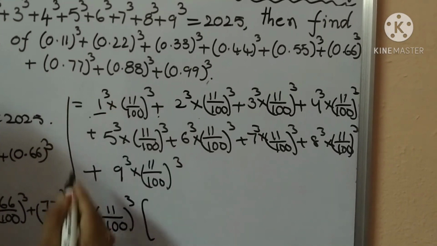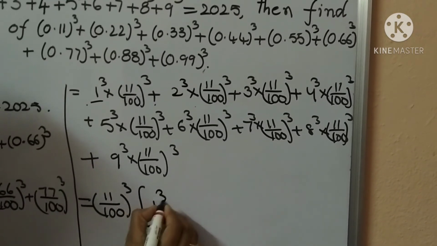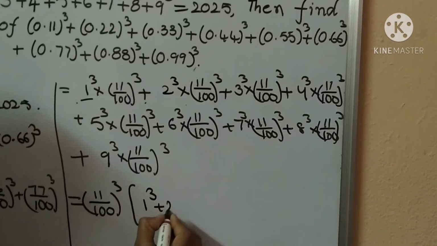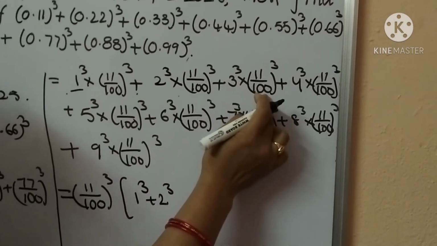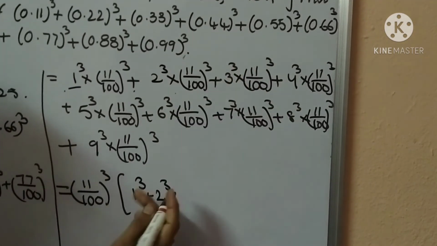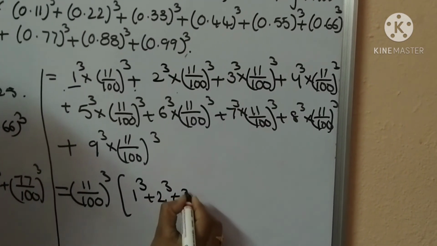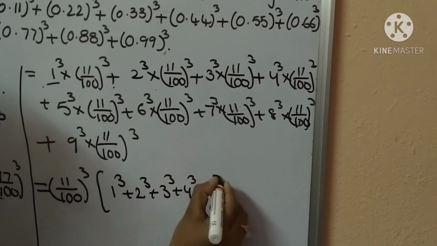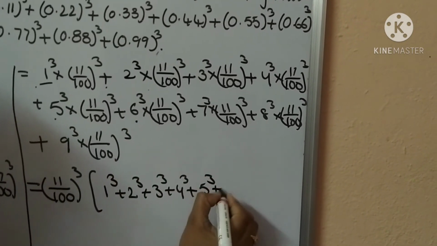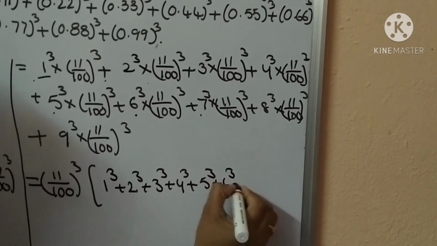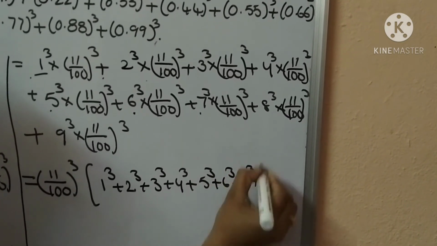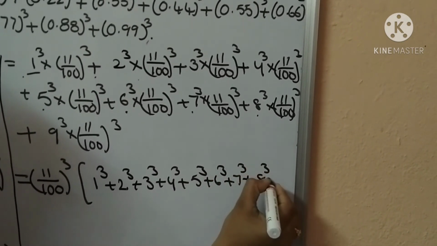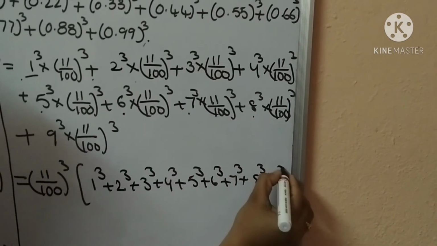the remaining terms: 1 cube, plus 2 cube, plus 3 cube, plus 4 cube, plus 5 cube, plus 6 cube, plus 7 cube, plus 8 cube, plus 9 cube.